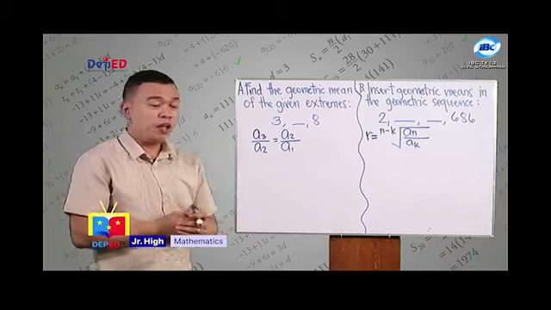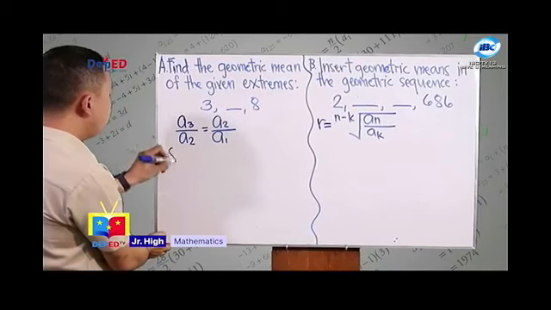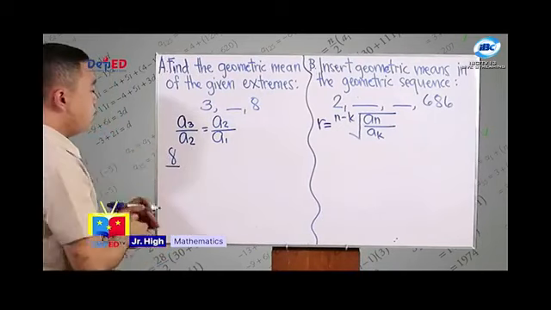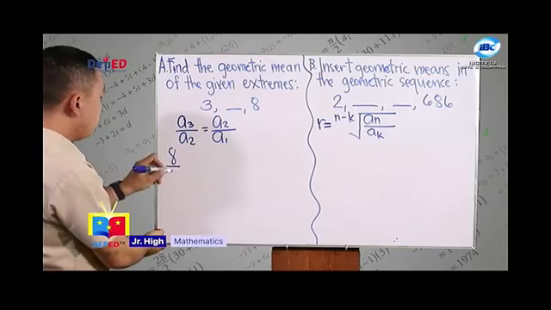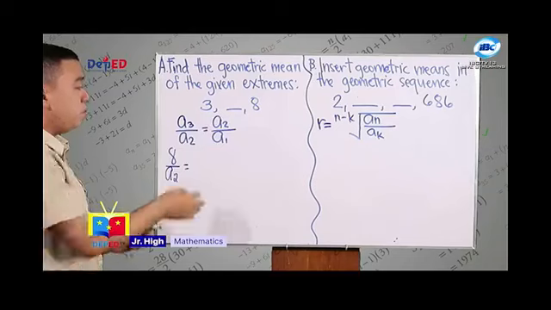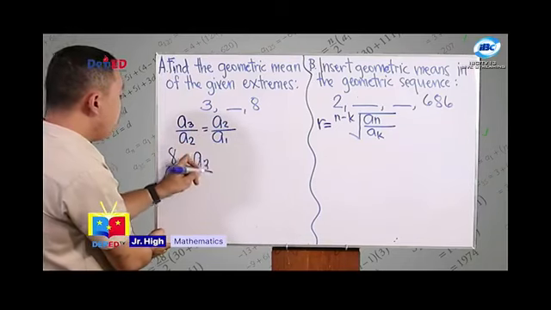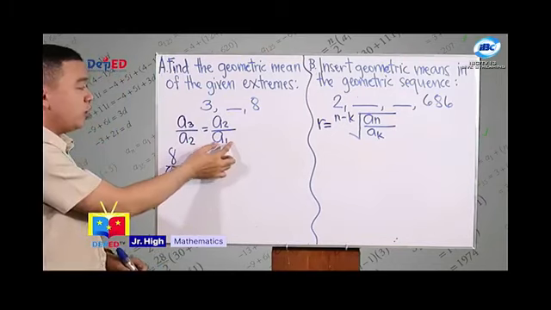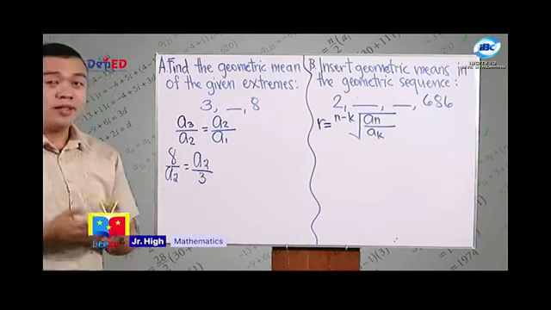Let's substitute the values. Our a sub 3, or the third term, is 8, divided by the second term, which is still unknown, so we will just copy a sub 2, is equal to a sub 2 again, unknown, just copy, divided by our a sub 1, or the first term, which is equal to 3.